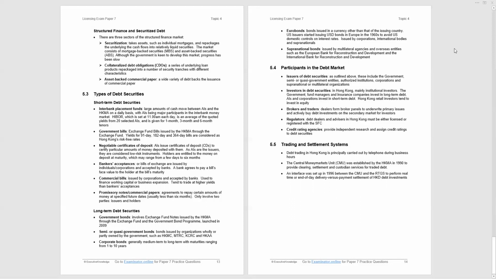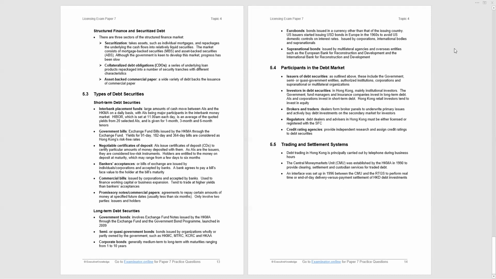Section 5.4, participants in the debt market, issuers of debt, investors in debt, brokers and traders, the regulators and the credit rating agencies. A lot of these we have touched on elsewhere in the paper 7 material. And finally, section 5.5 looks at trading and settlement systems. We're told that the debt trading in Hong Kong principally carried out OTC, over the counter, by telephone during business hours.